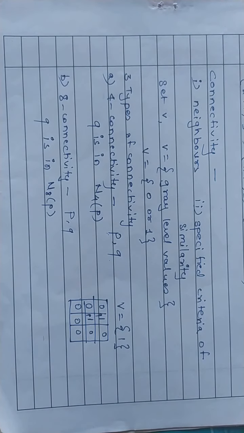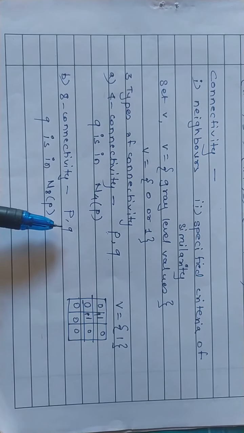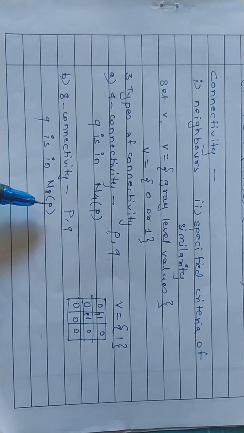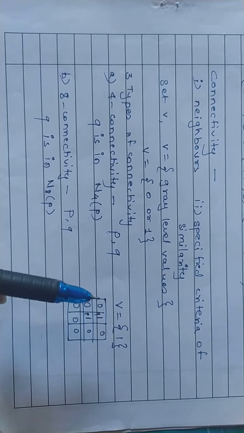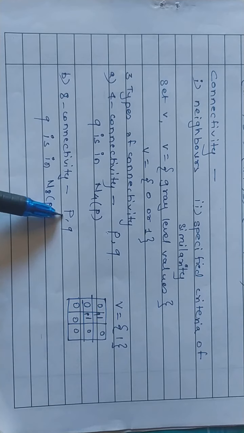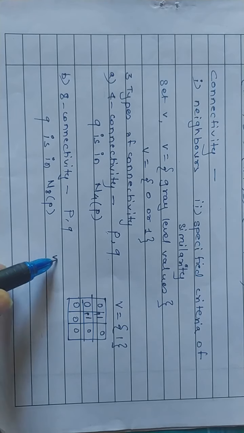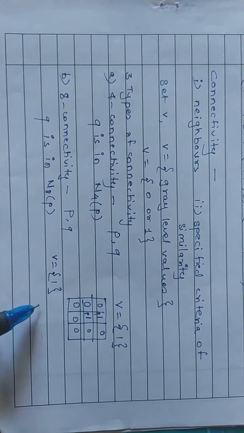That means pixel Q should be an 8 neighbor of pixel P, and they should satisfy the specified criteria for connectivity. So if these two conditions are satisfied, then we can say that pixel P and pixel Q are 8 connected. For example, let's consider again set V of values 1.